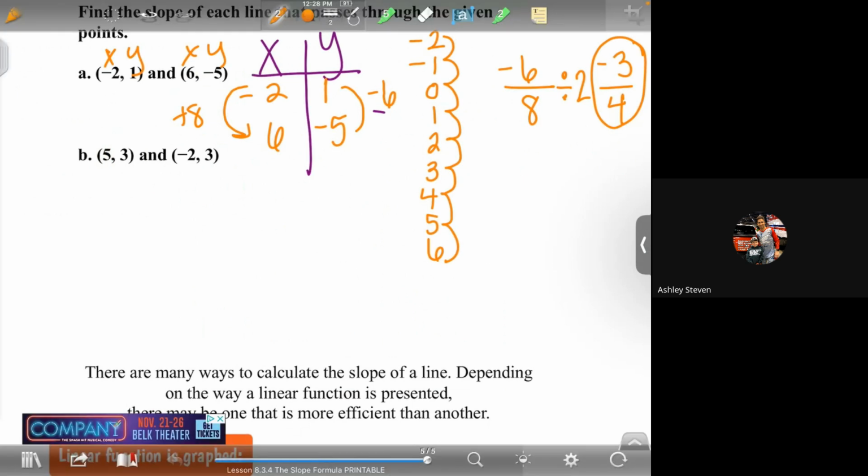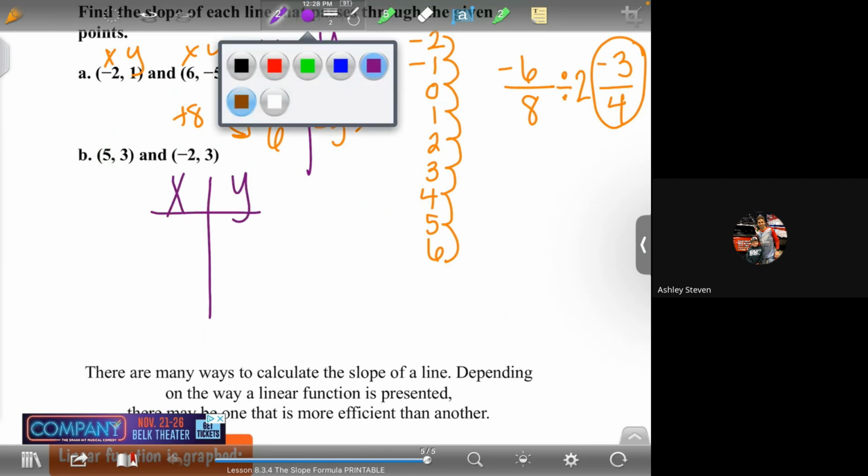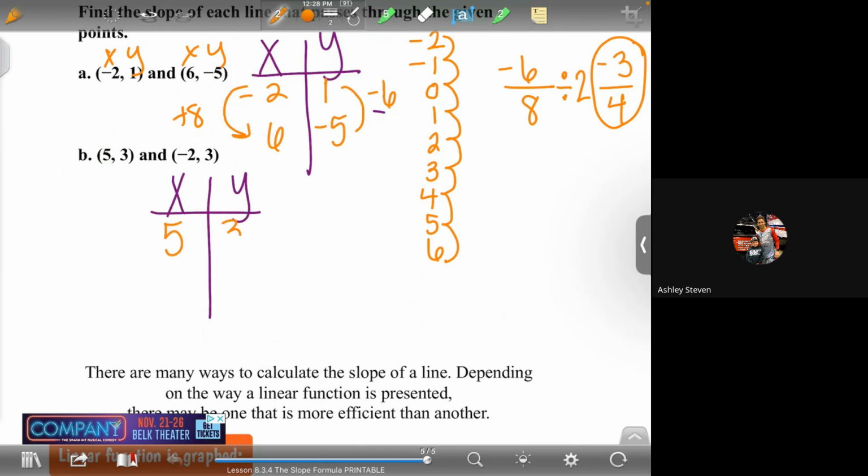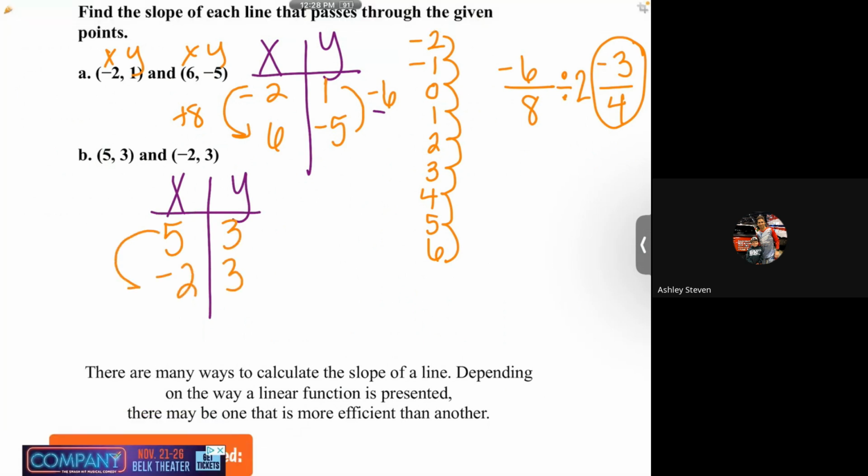All right. Now, here we go. Next one. You should have noticed something on this one. I have 5, 3, -2, 3. How'd you get from 5 to -2? -7. How'd you get from 3 to 3?